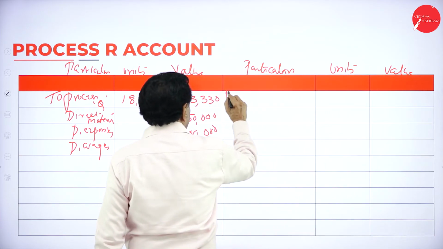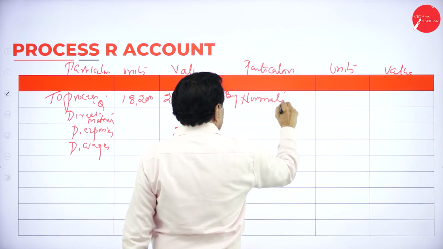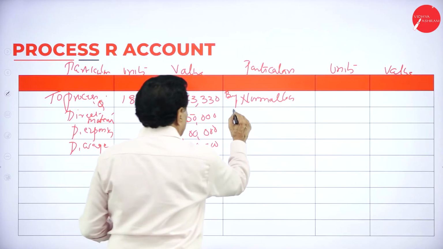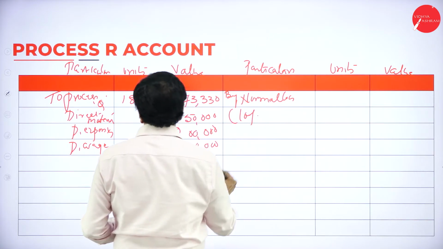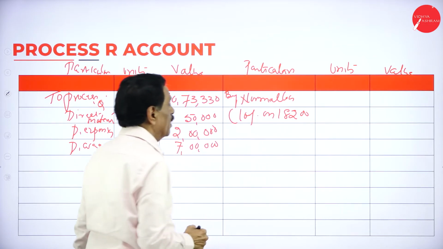By normal loss, what's the percentage? See that? 10% on input, 18,200.